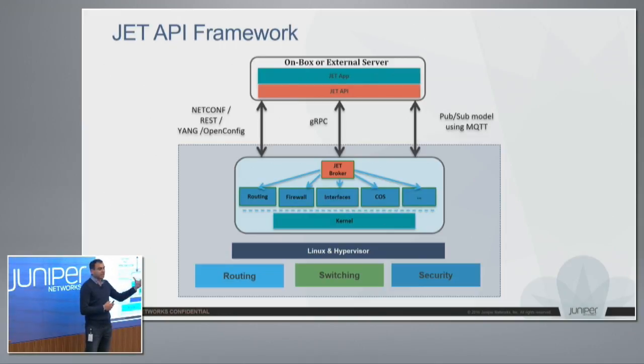We can take third-party software, open source software, and we've done that for some of our production customers very recently using this infrastructure, where features we did not have but were available in the open source, we've actually integrated them with our software using this API framework. So it just accelerates the pace at which software and features and development can happen, not just from Juniper, but with the ecosystem as well.